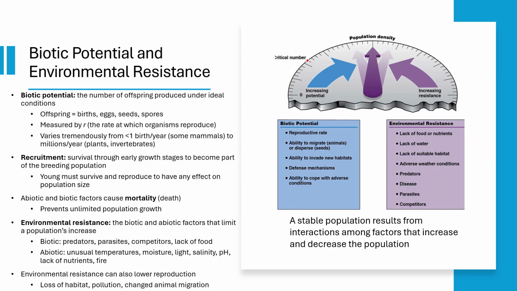Environmental resistance factors are basically your limiting factors, and they can also lower the reproduction rate, so lower the biotic potential of a population. For example, when you have loss of habitat, pollution, or something that is forcing the animals' migration to change. Typically all three are due to human activities. Those are part of environmental resistance.